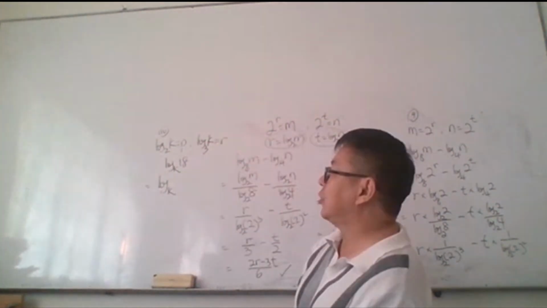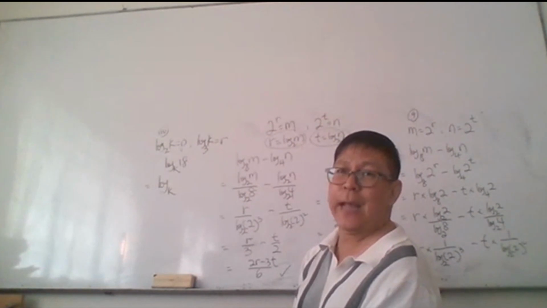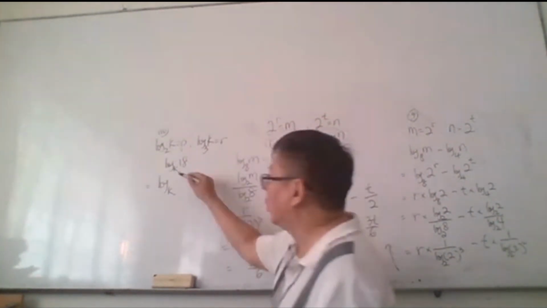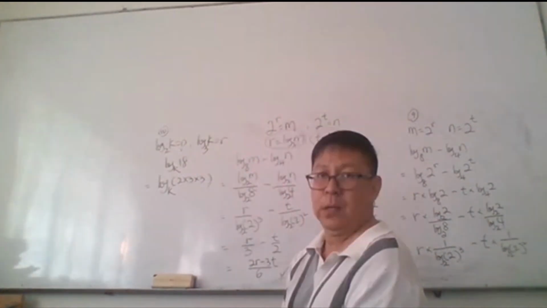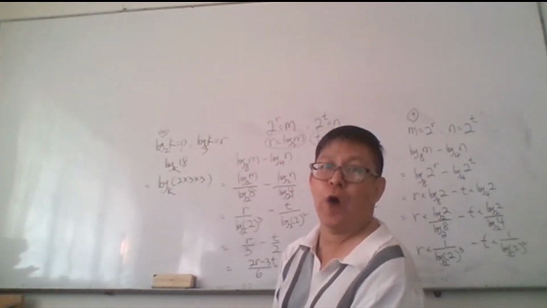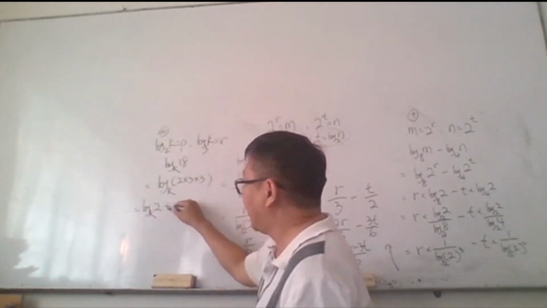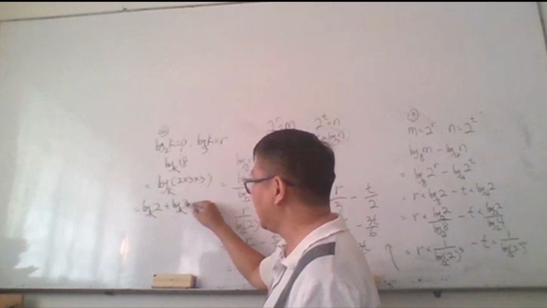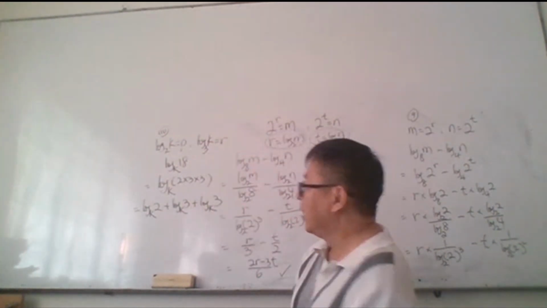First of all, we know that 18 will be 2 times 3 times 3, because it's 9 times 2. I can put 2 times 3 times 3, and I'm going to apply the law of logarithm: it becomes log k 2 plus log k 3 plus log k 3.